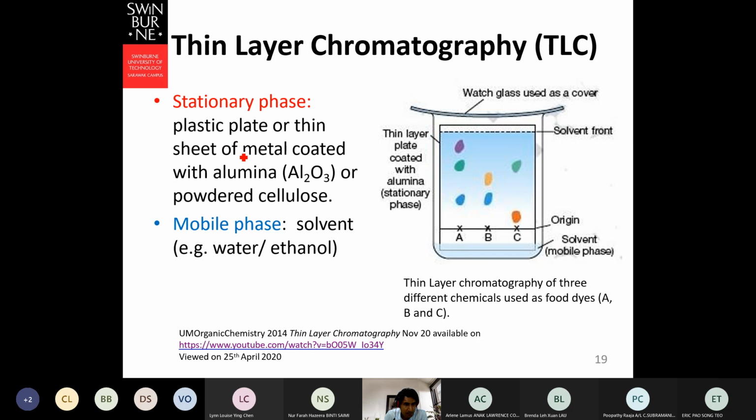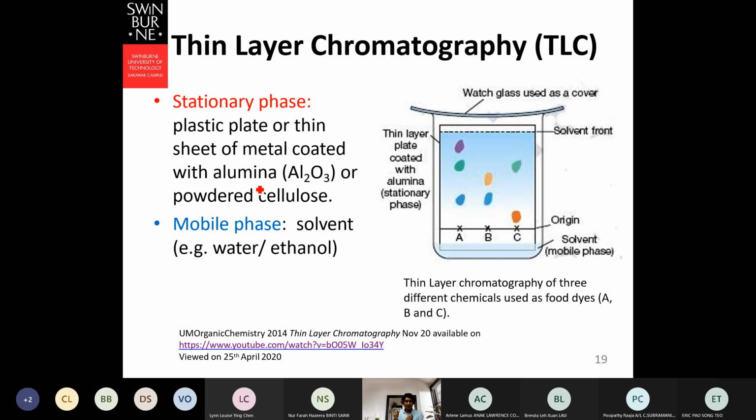There is a sheet of metal or plastic, mostly plastic, and it is coated with alumina or cellulose. It will be a very thin coating of alumina powder, aluminium oxide, or cellulose, only on the surface.